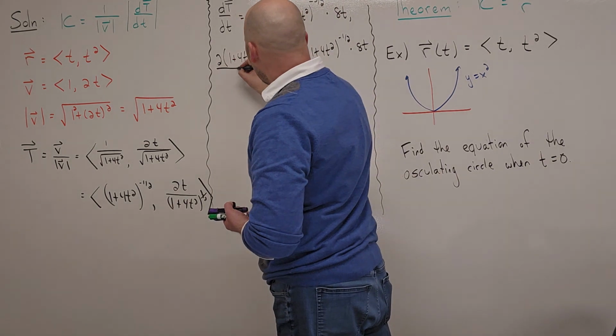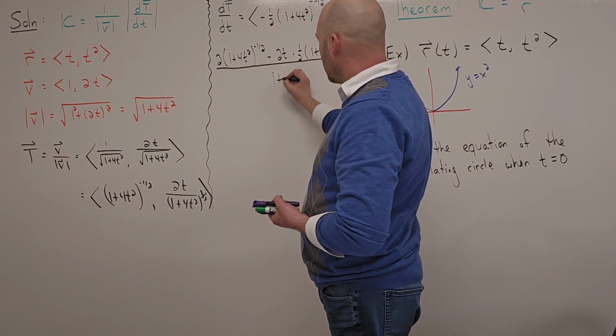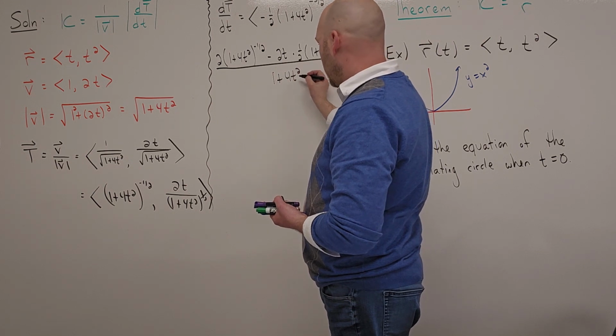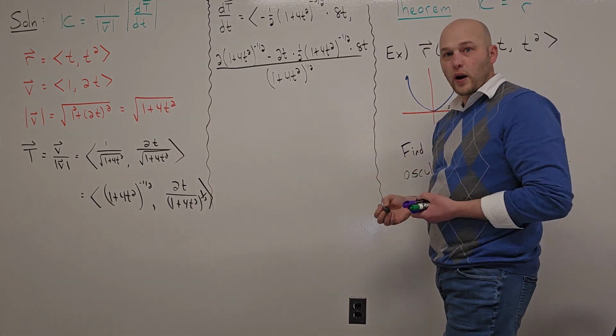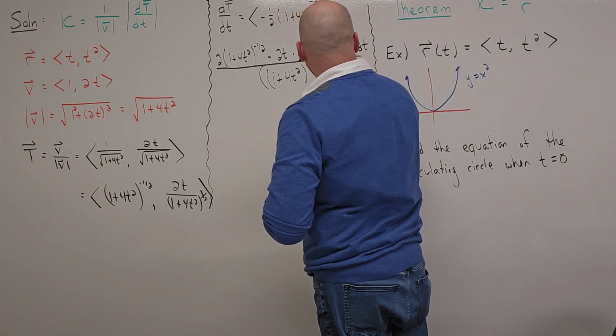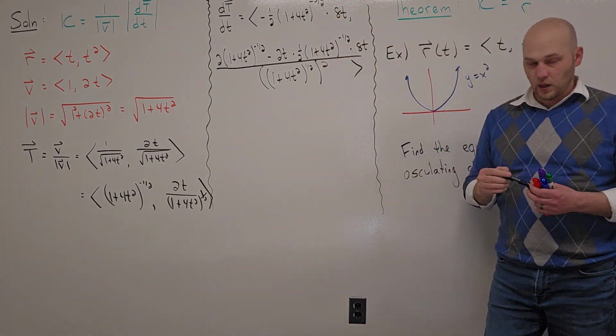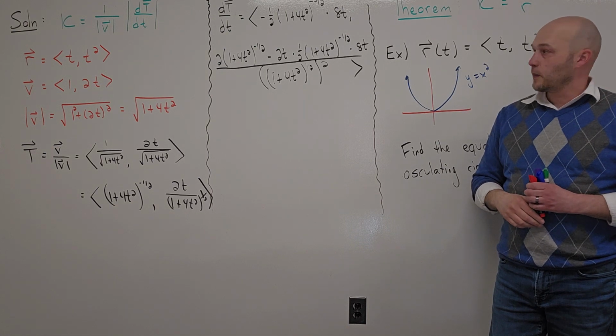And then that whole thing is divided by the square of the denominator, so 1 plus 4t squared to the 1/2. Right there is my denominator, and then I square that. And there is the second component of the derivative of the unit tangent vector.